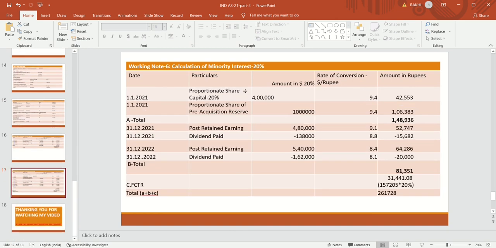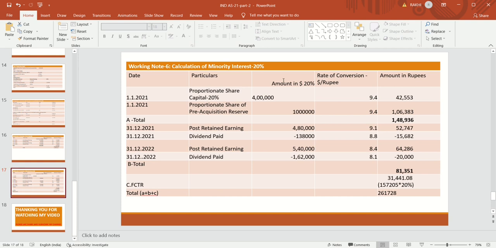Now the calculation of minority interest, that is non-controlling interest. That is proportionate share capital, that is 20% of 20 lakhs, 4 lakhs, converted at the acquisition date rate 9.4, which gives rise to 42,553, and proportionate share of pre-acquisition reserve, that is 20% of 50 lakhs, that is 10 lakhs in dollars, and we will convert that at the date of acquisition rate to give rise to 1,06,383.